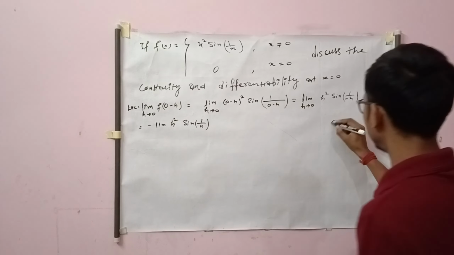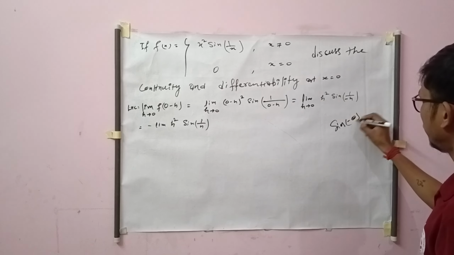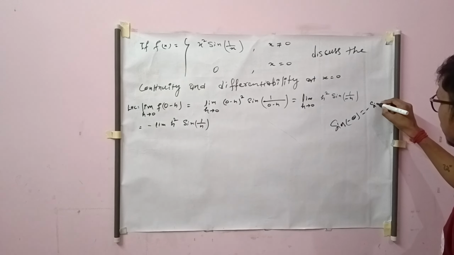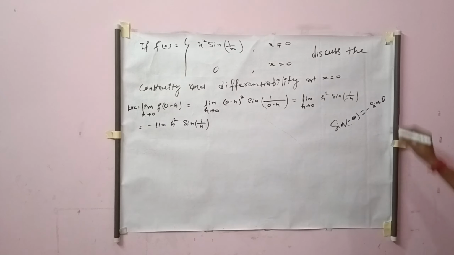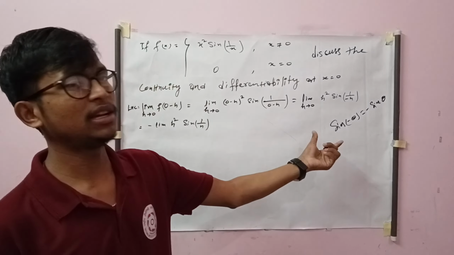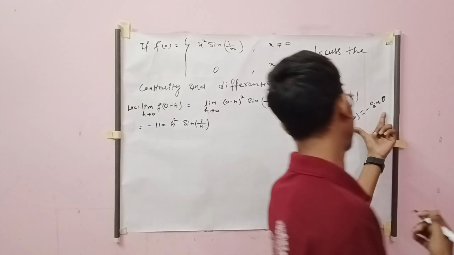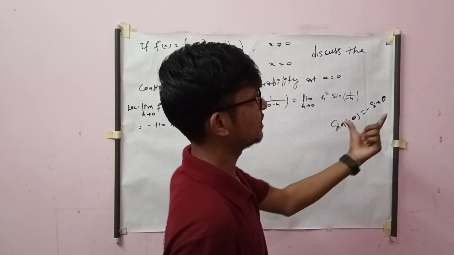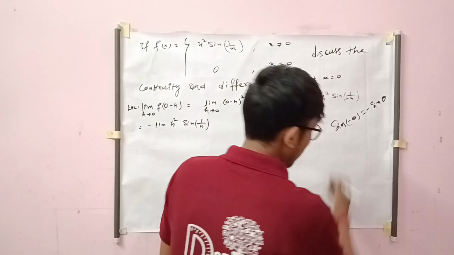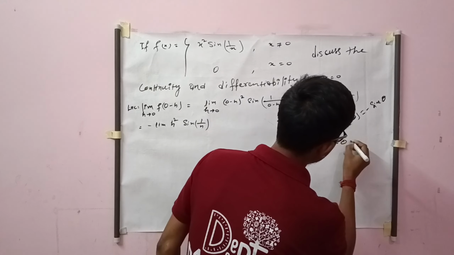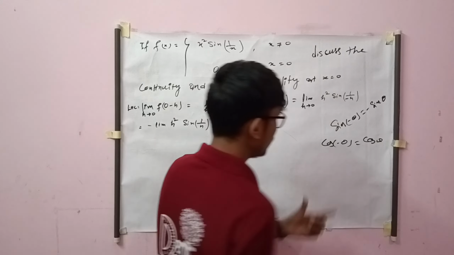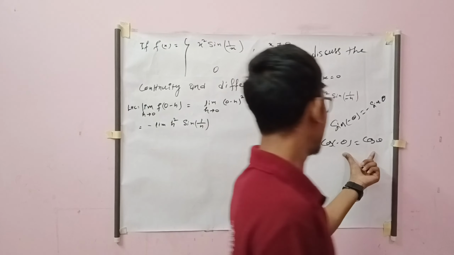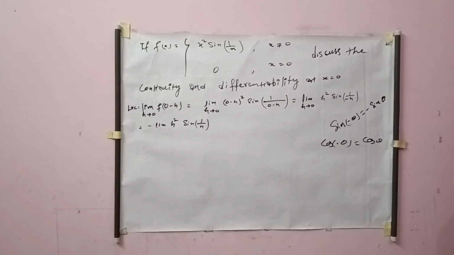Since we know that sine of minus theta is minus sine theta, because sine is an odd function, the negative sign comes out. If it were cos of minus theta, it would be cos theta, since cosine is an even function, so the negative sign would be neglected.